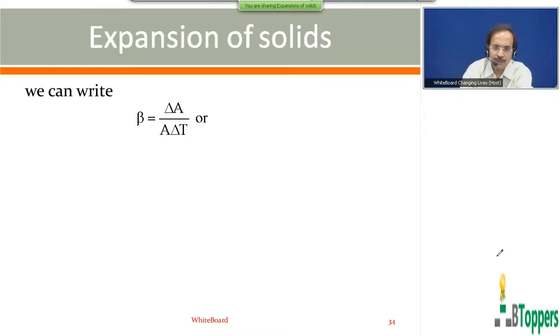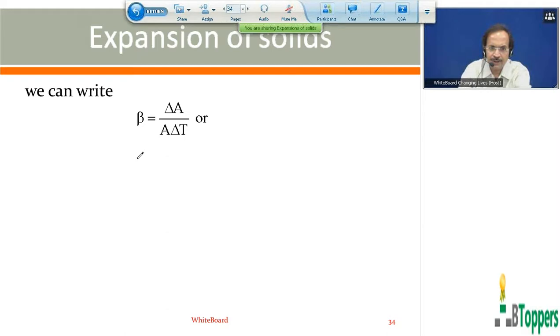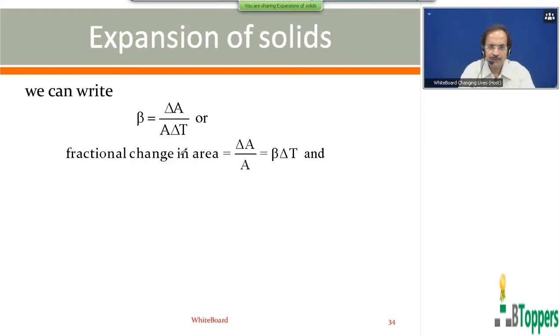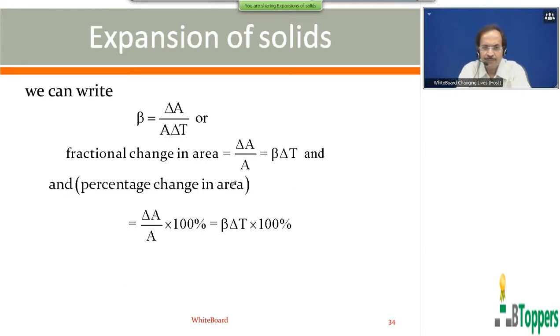So you can write beta equal to delta A by A into delta T, or fractional change in the area, delta A by A, equal to beta into delta T, and percentage change in area is equal to delta A by A into 100%, or beta into delta T into 100%. Beta can nearly be taken as 2 alpha. So percentage change in area, you can write 2 alpha into delta T into 100%.